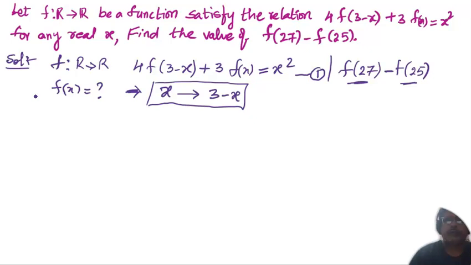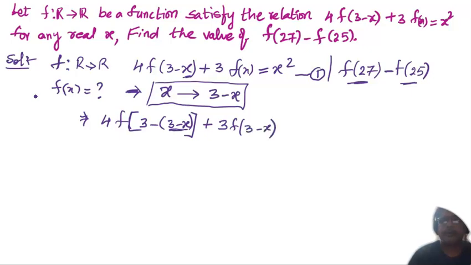So what will you get in equation 1? 4 into f of 3 minus of 3 minus x. Here we are replacing x with 3 minus x, plus 3 into f of 3 minus x is equal to 3 minus x whole square.